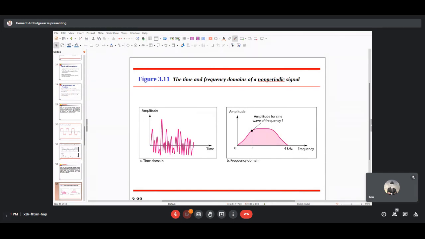Look at the representation, it is not continuous, because a normal human being can create frequencies only up to a certain range. That non-periodic signal is represented using a time domain and frequency domain in this slide.